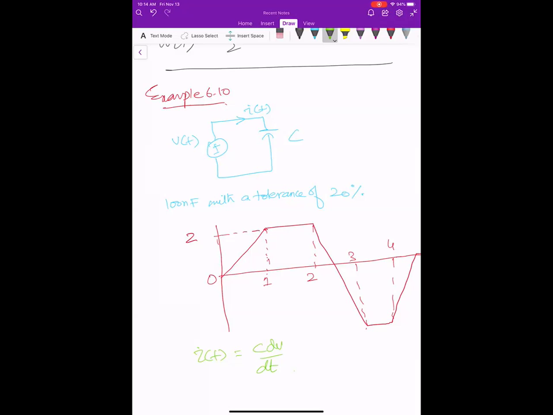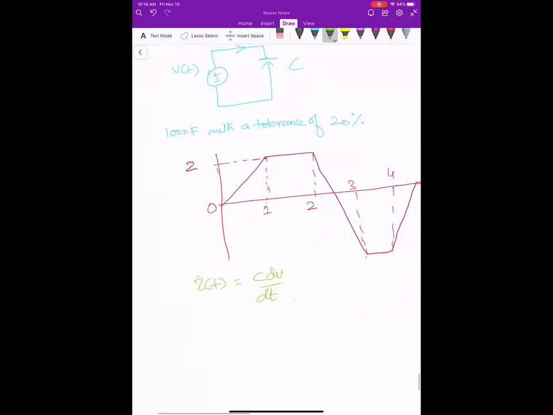Yes, so the worst values of the capacitors will be 120 nanofarad and 80 nanofarad.